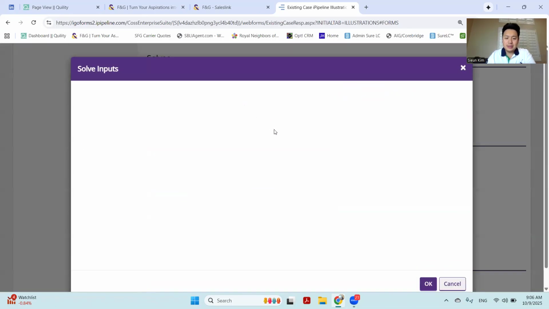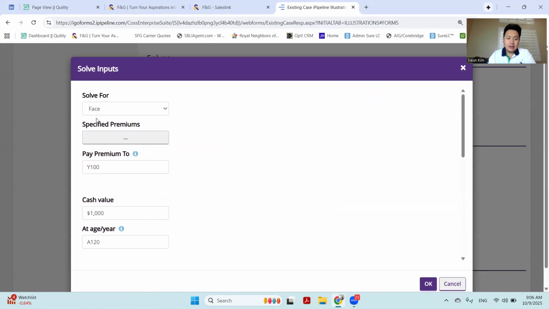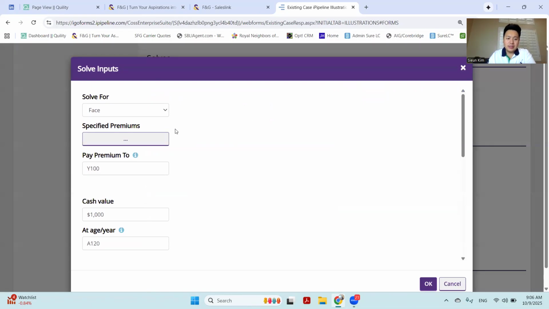And once you do that, this screen will pop up and leave it as solve for at face amount because a lot of times with the children's policy, the parents want to put a certain amount in, right? So you want to put in the premium that the client desires, and we're going to solve for the face amount.